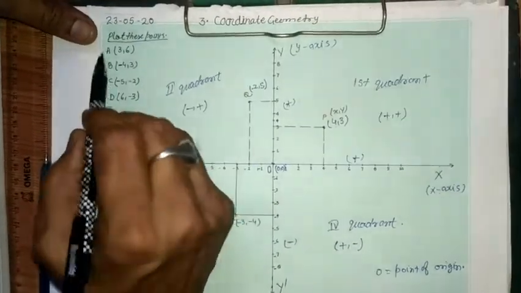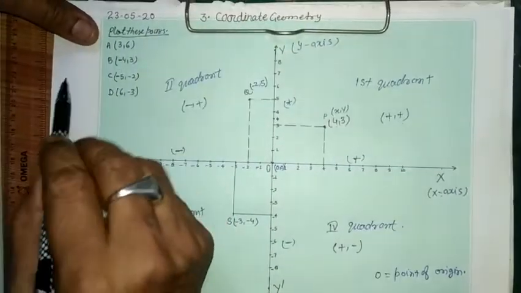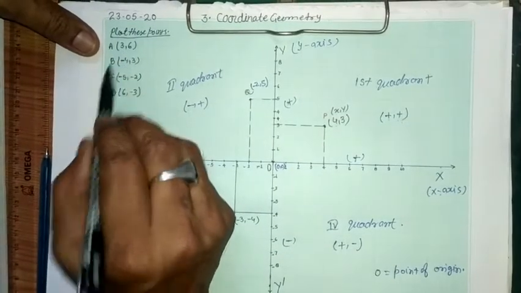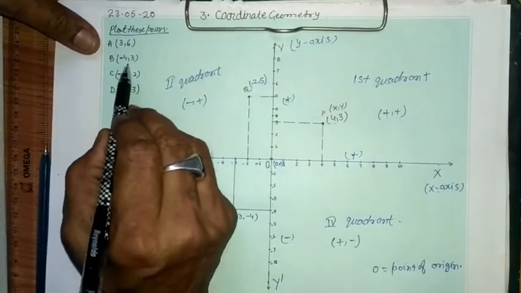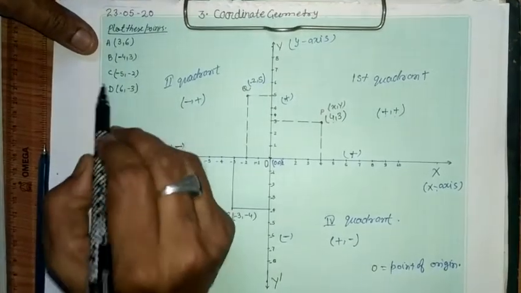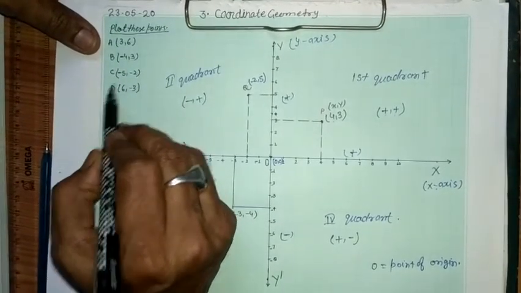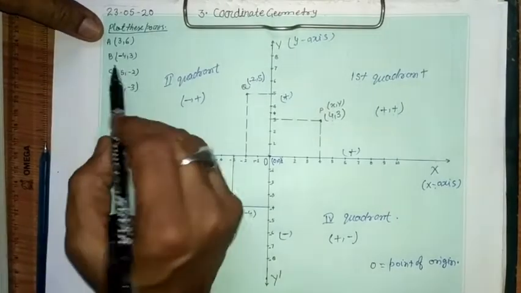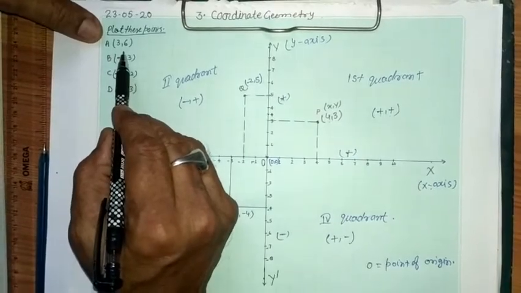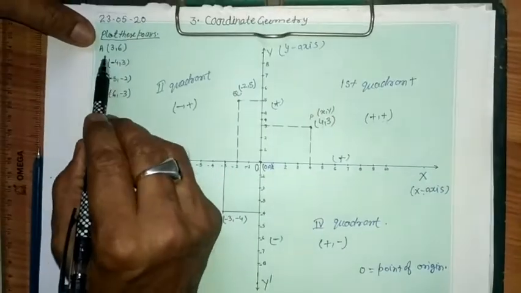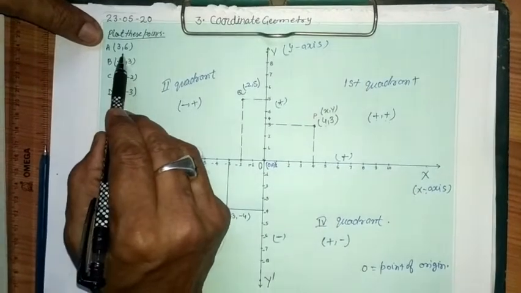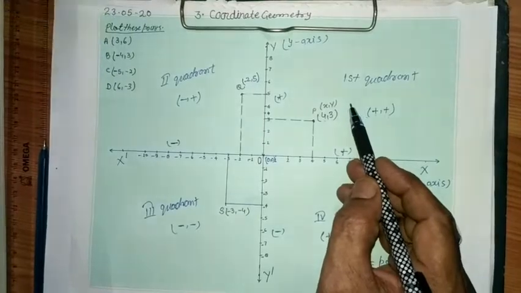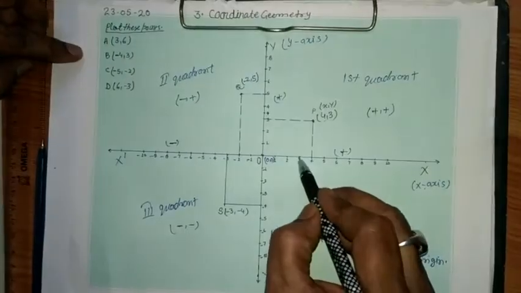Now plot these points: A (3, 6), B (-4, 3), C (-5, -2), and D (6, -3). A (3, 6): we see that both are positive, so this point will lie in the first quadrant. 3 on the x-axis, this point.